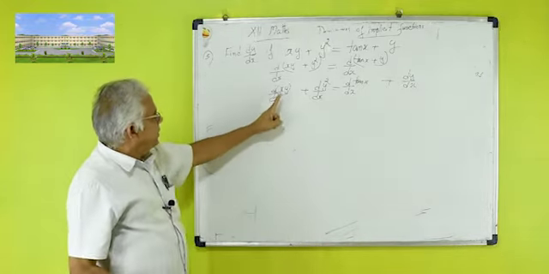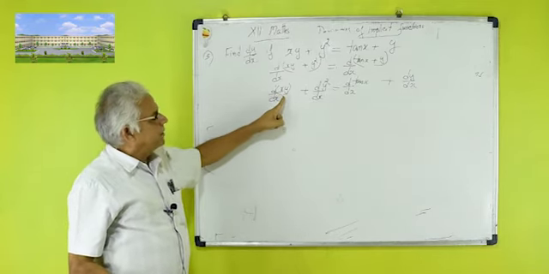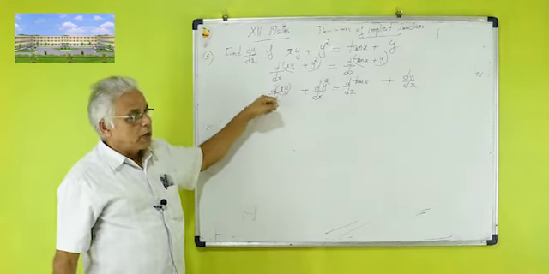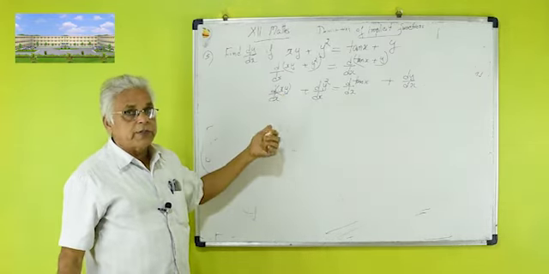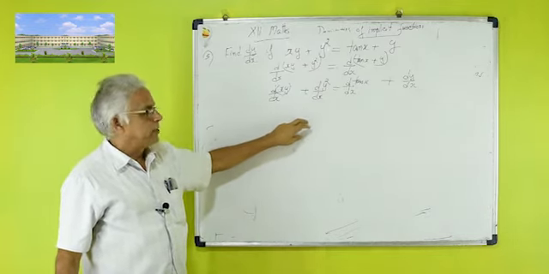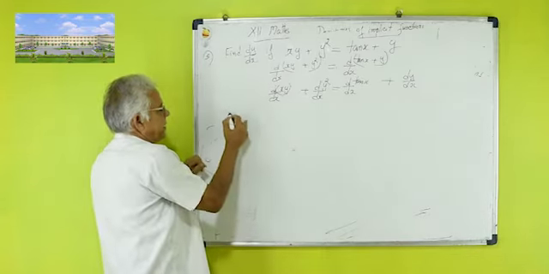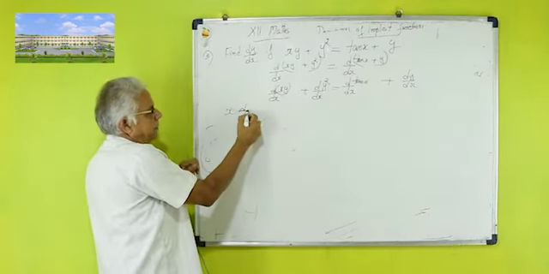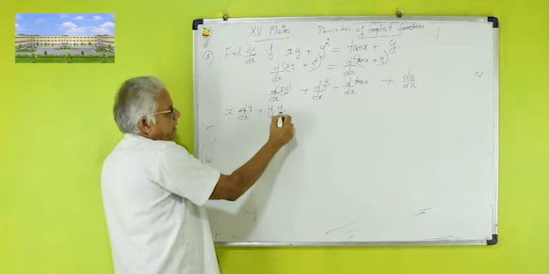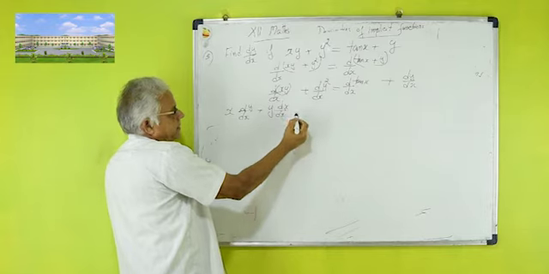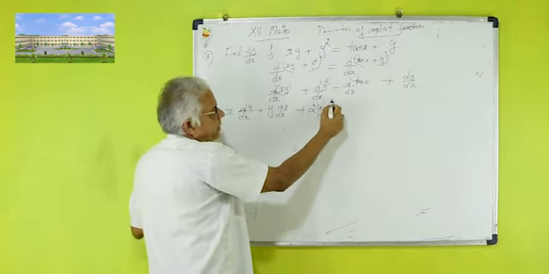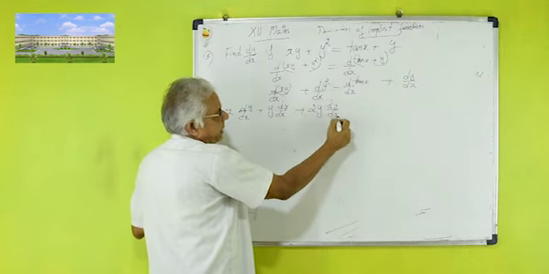This is the derivative of a product of two functions. The derivative of a product is the first function into the derivative of the second function plus the second function into the derivative of the first function. First function x into dy by dx of the second function y, plus second function y into dy by dx of the first function x. Product rule applied.